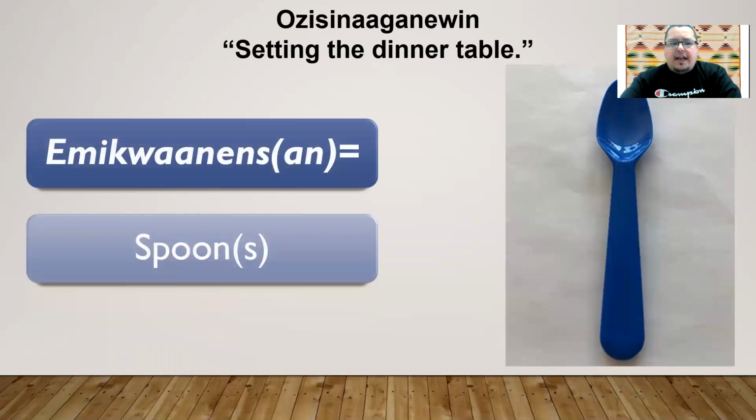All right, Aminikwanaatens, one spoon. Aminikwanaatensan, two or more spoons.